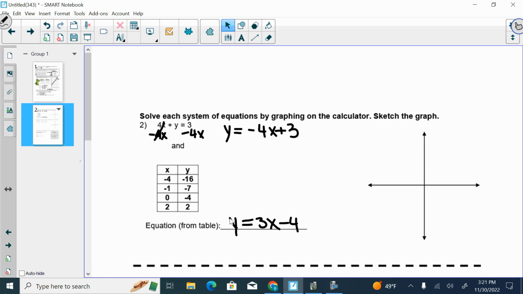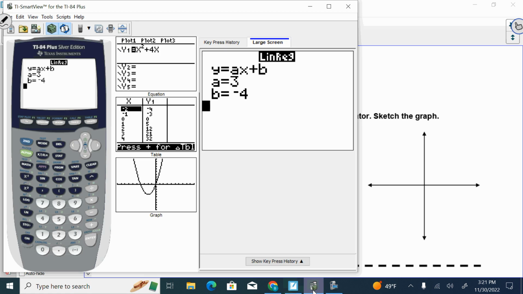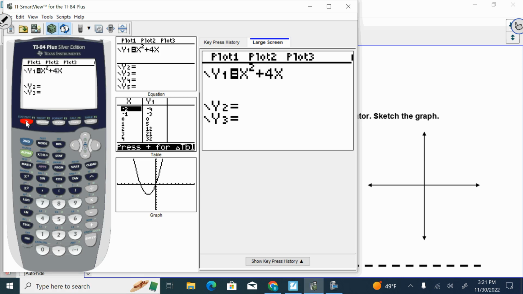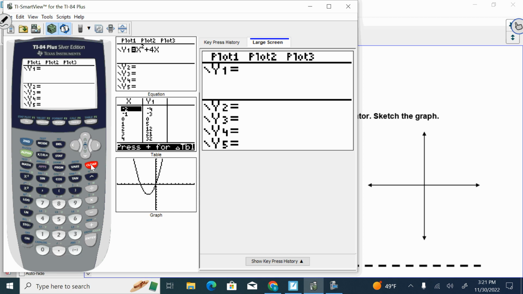Okay, so now instead of us graphing it, which is going to be pretty hard if there's no boxes, right? We're going to let the calculator do the work for us. So remember, on the front page, they said the first step is make sure they're in y equals mx plus b. We have that now, right? Okay, step 2. You go to the y equals button, and you're going to type that first equation in y1.